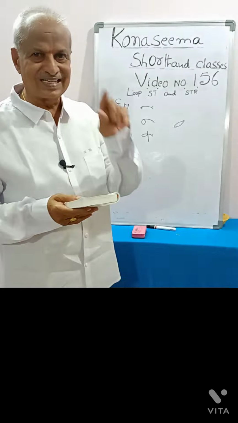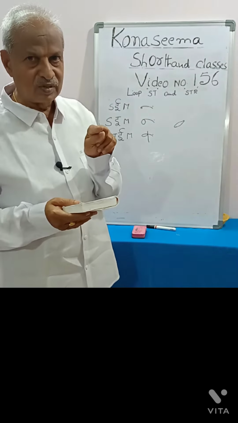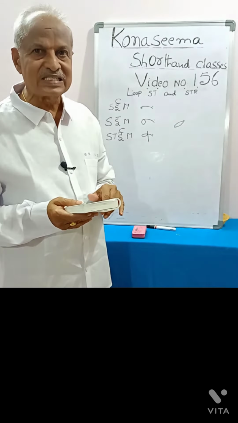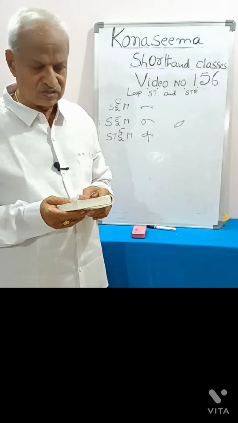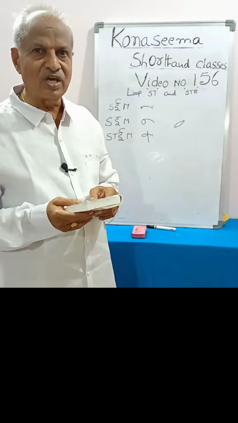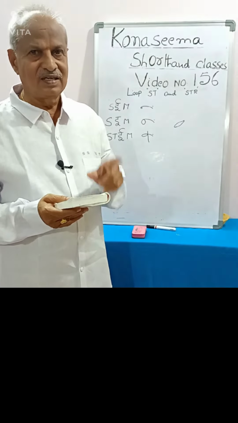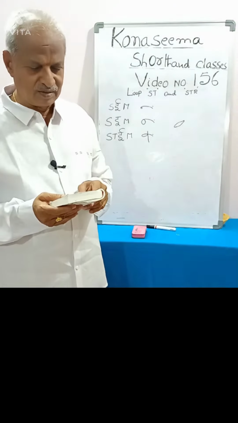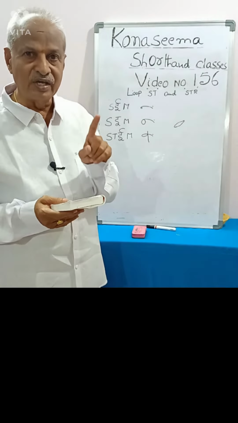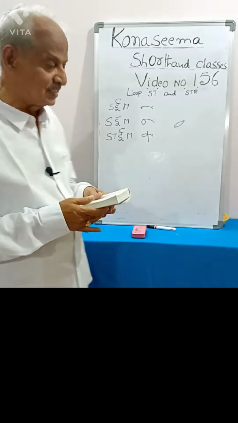Sew, circle N on the line, sewn; stow, loop N on the line, stone. Sake, circle K on the line, sake; steel loop K on the line, stake. M circle on the line, miss; M steel loop on the line, missed. L circle on the line, lace; L steel loop on the line, laced.